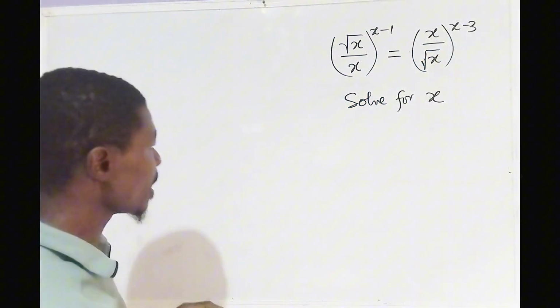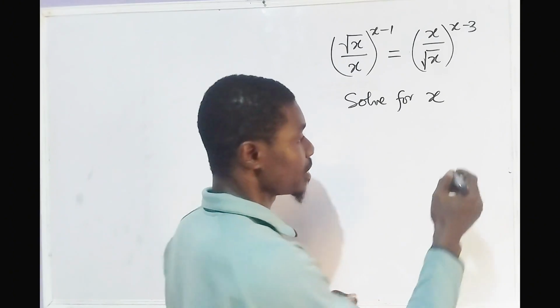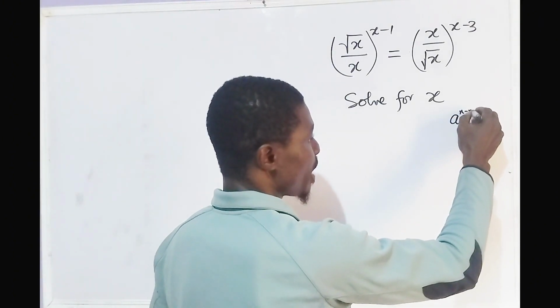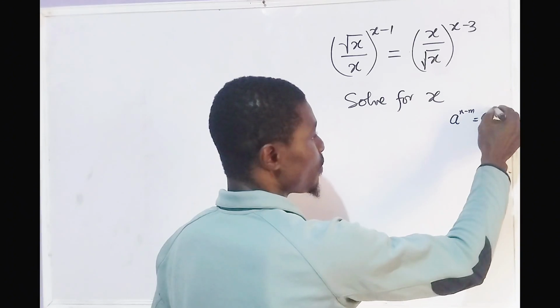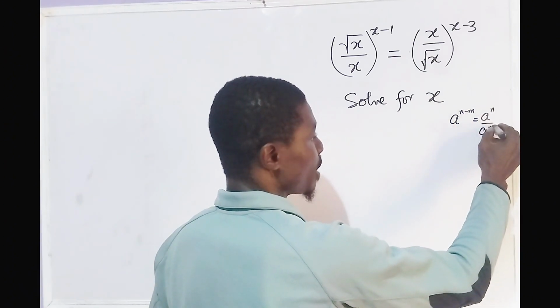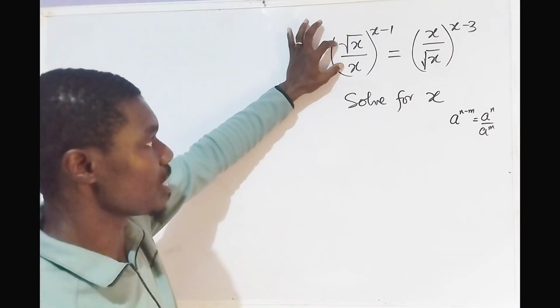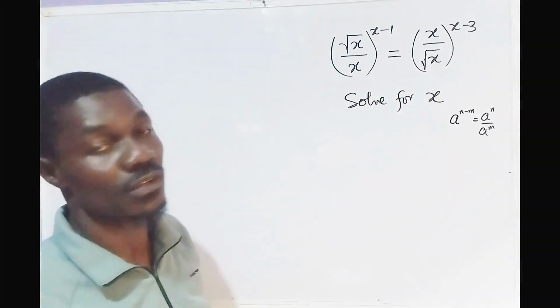Now let us recall that according to the law of indices, a raised to the power of n minus m is the same thing as a raised to the power of n all over a raised to the power of what? m. Since we know that this is the base, let us apply this rule to the two sides of the equation.